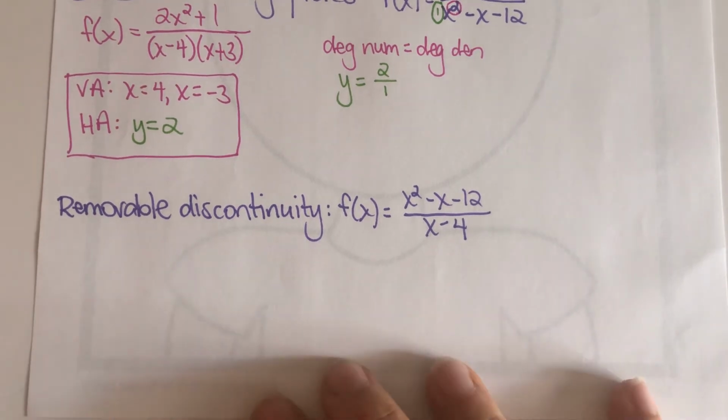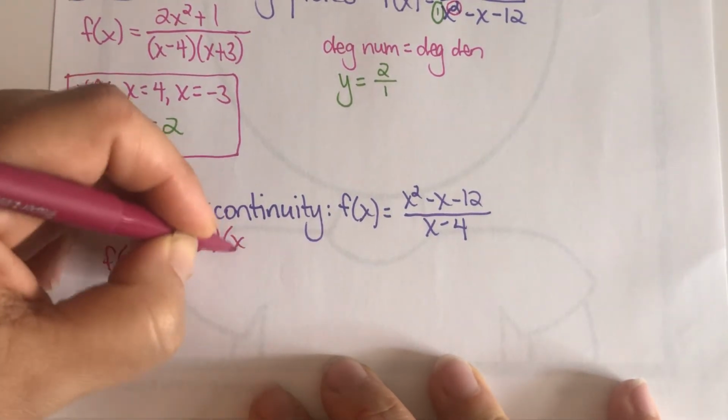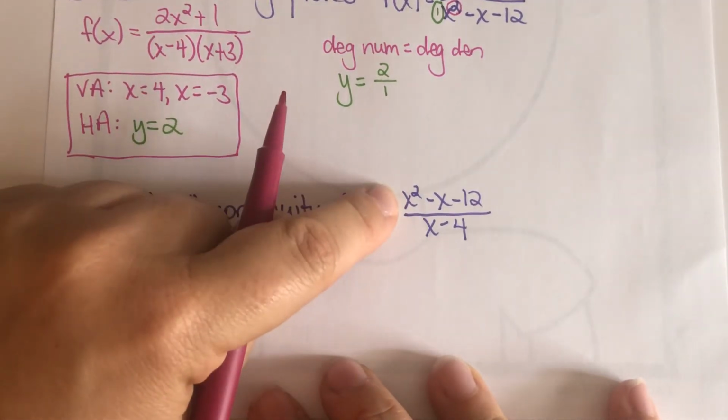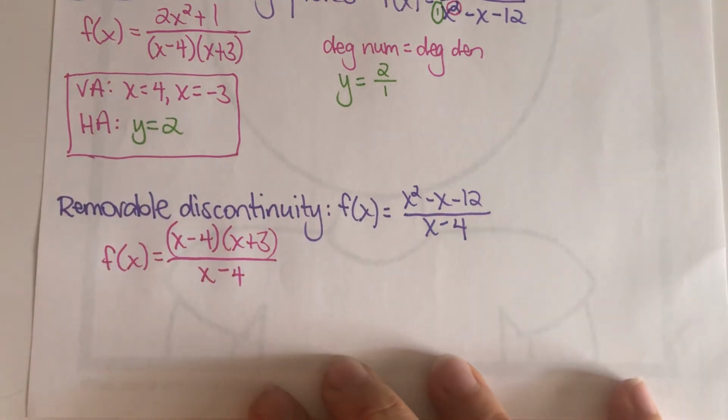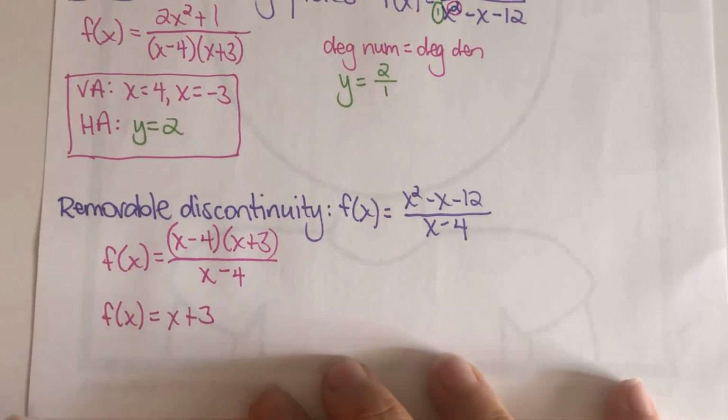So, all right, last thing, removable discontinuity. A removable discontinuity happens when a function is factorable and the factor would cancel out. So you might notice that I really like this quadratic. I use it often. So this function simplifies to this.